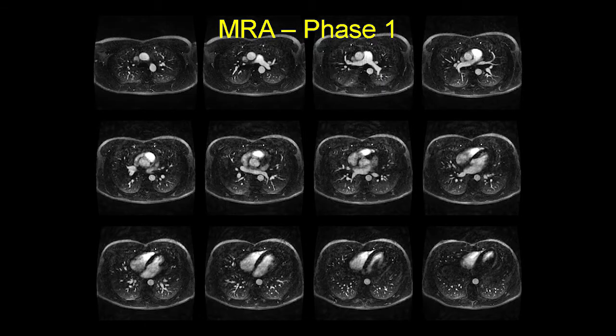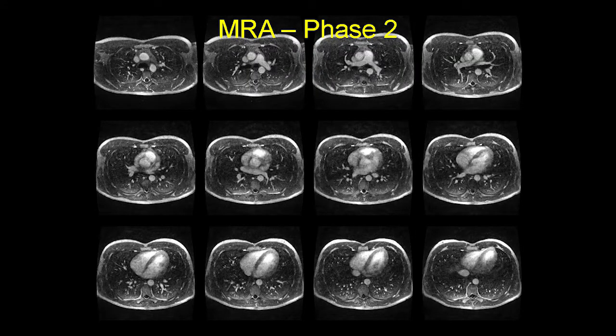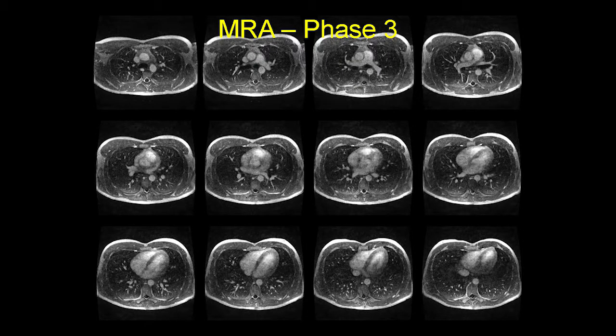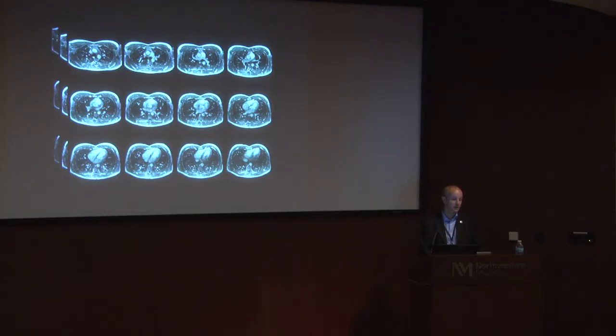We start out with our during or first pass phase when the contrast is first coming into the pulmonary arteries, and then we acquire 2 subsequent scans just in case the patient coughed or sneezed during the first pass, or maybe they couldn't hold their breath that well. The contrast coming in shocked them. You've got a couple other chances to get really good imaging of the pulmonary arteries.